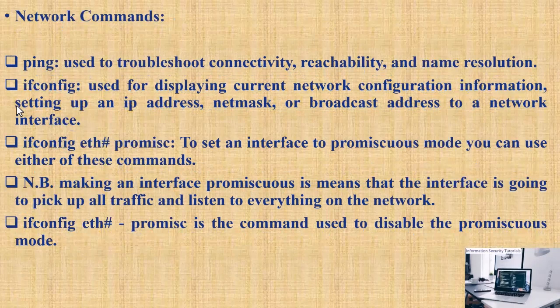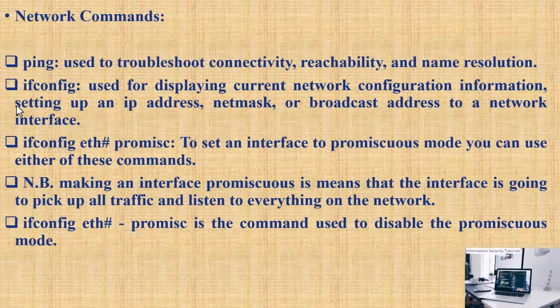Then we use the famous command ifconfig, used for displaying current network configuration information. This is very useful in information gathering, because knowing the IP address of the machine, the net mask, the broadcast address and so on is very useful information that we can use to map a network we are trying to penetration test.